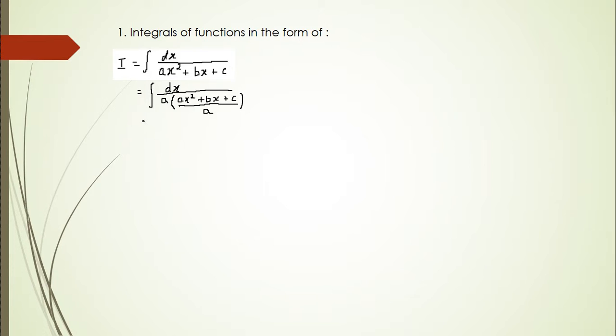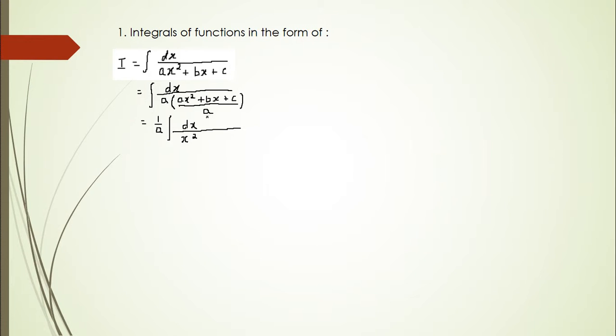So now I can take 1 by a outside because that is a constant. So 1 by a integral dx by, here, now I have got ax square by a, so that gives me x square.